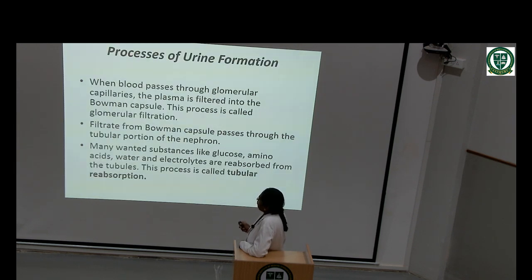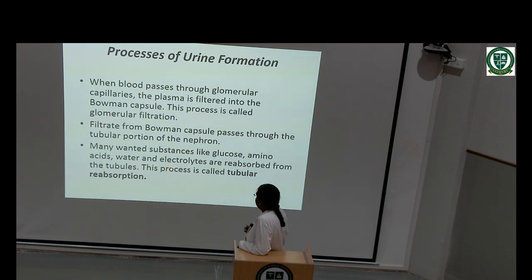Coming to the process of formation, when the blood passes through the glomerular capillaries, the plasma is filtered into the Bowman's capsule, a process called glomerular filtration. The filtrate from the Bowman's capsule passes through the tubular portion of the nephron. Many wanted substances like glucose, amino acids, water and electrolytes are reabsorbed from the tubules.